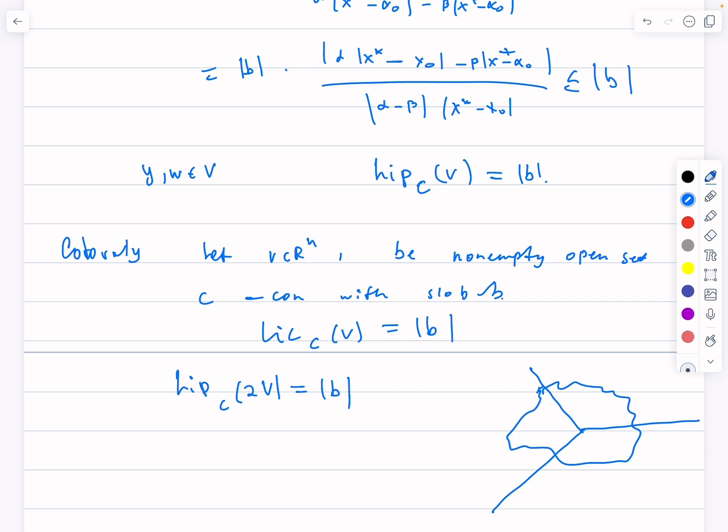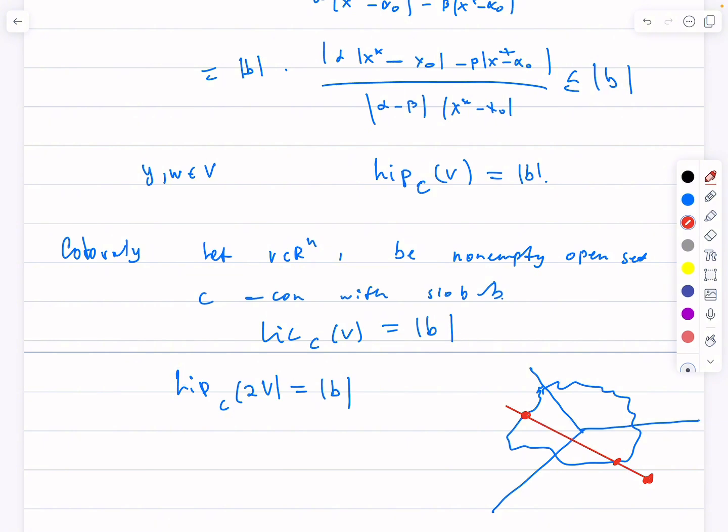Now, if we have a cone whose vertex is not in our domain, and the boundary satisfies this, then it holds everywhere. If this vertex is not in the domain, then the Lipschitz constant on the boundary is also equal to the slope.